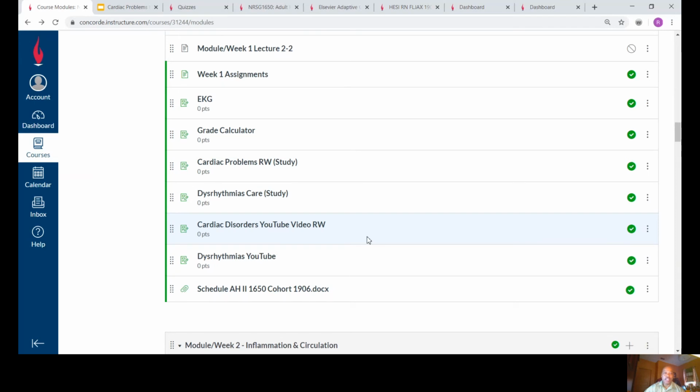It is a voiceover. So if I don't get to information in class, there should be a voiceover, which is the same information. So don't think that you're getting anything different. This goes for each of the modules.